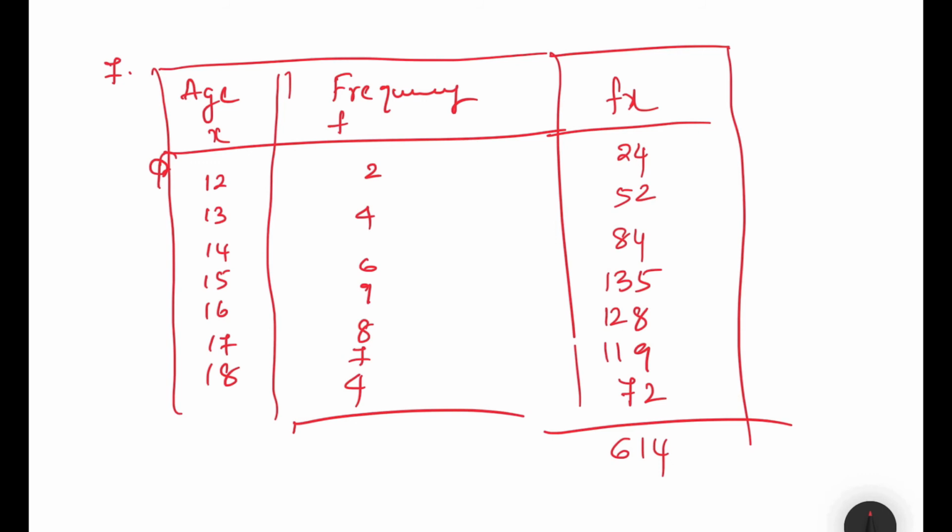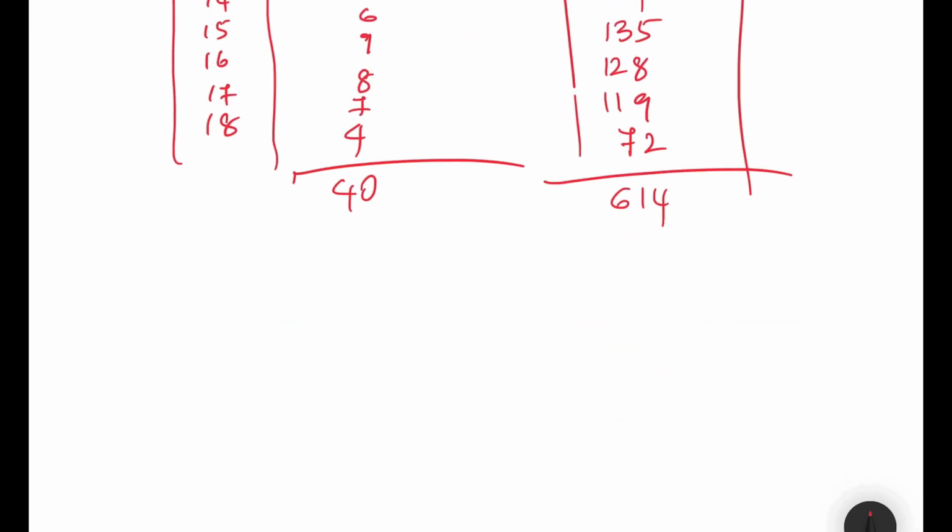I'll get 2 plus 4 plus 6 plus 9 plus 8 plus 7 plus 4 equal to 40. So mean is equal to sigma fx by sigma f, that is equal to 614 divided by 40.